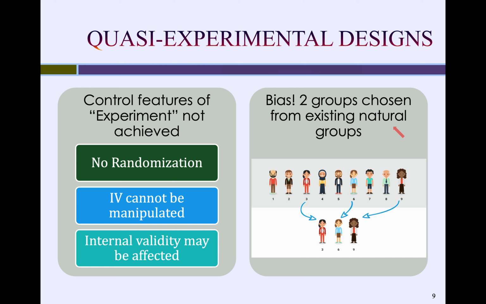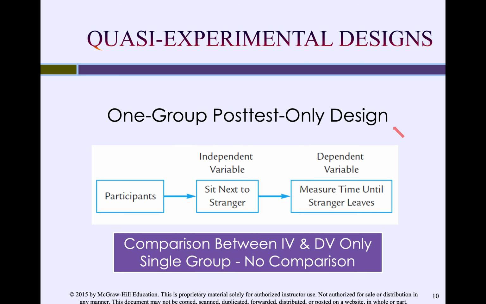So typically it's a convenient sample. There's no random selection. There's no random assignment. And so unfortunately, since you don't have that, you basically have two groups who are chosen from existing natural groups. It's not the best situation, but a lot of times quasi-experimental designs is the majority of what many researchers are doing out there. But just know that it's biased.